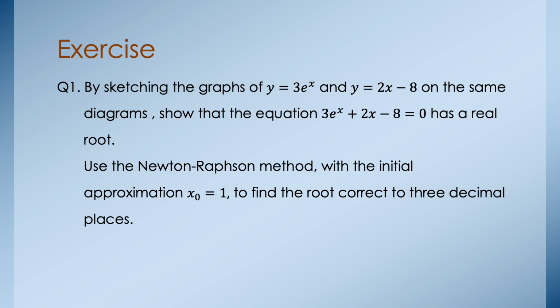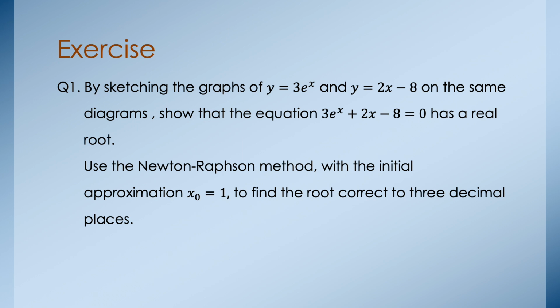For this part, you just sketch the graphs y equal to 3 multiplied by e to the power x and y equal to 2x minus x squared in the same diagram. So you will find an intersection point for these two graphs.